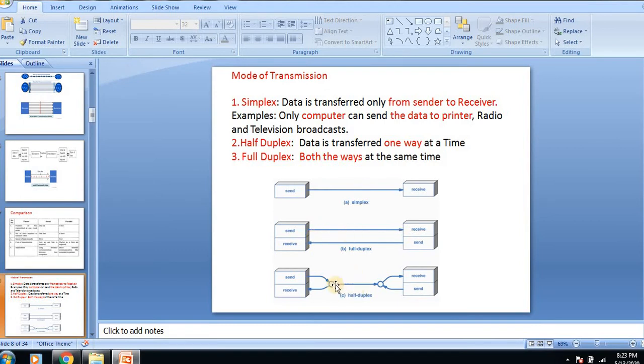Here you can see the direction, from the sender to the receiver. In half duplex the data is transferred one way at a time, but in case of full duplex the data can be transmitted from the sender to receiver and also from the opposite side, and there will be separate lines for those two, which means at the same time the data can be transferred both ways.